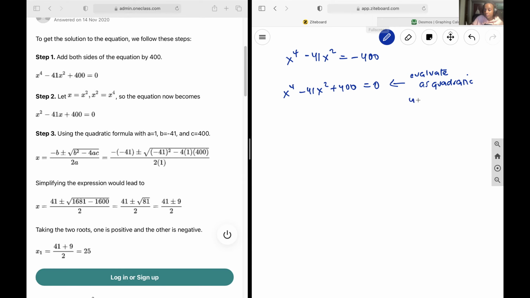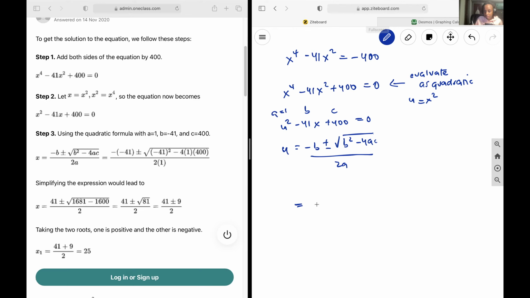So if u is equal to x squared, this becomes u squared minus 41u plus 400 is equal to 0. And then we're just going to use the quadratic equation in order to figure out what the answer is. And so that just becomes u is equal to negative b plus or minus the root of b squared minus 4ac, over 2a. This is our b value, this is our c value, and our a value is equal to 1.